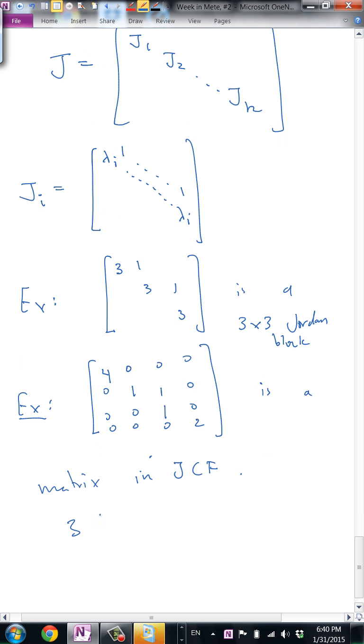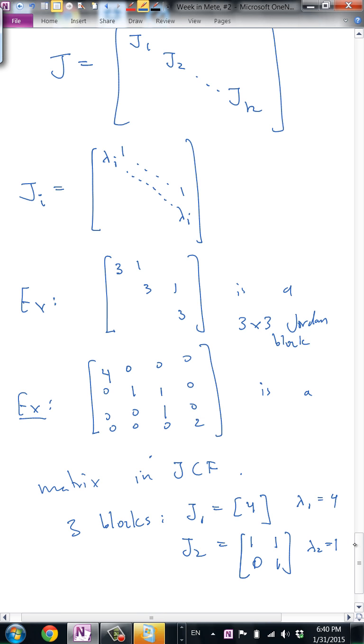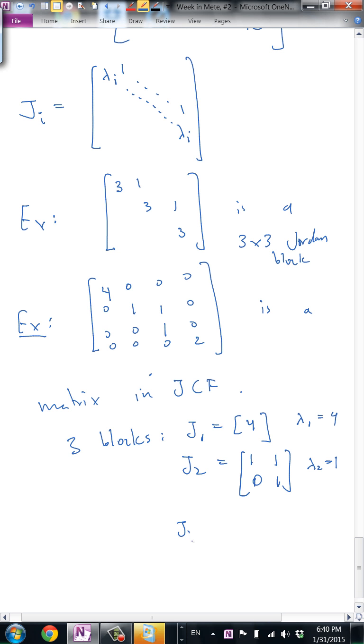Well, it has 3 blocks. J1 is the 1 by 1 block, which is 4. J2 is a 2 by 2 block, which is 1, 1, 0, 1. So in this case, lambda 1 is equal to 4, lambda 2 is equal to 1. And J3 is equal to a 1 by 1 block, which is 2. So lambda 3 is equal to 2.